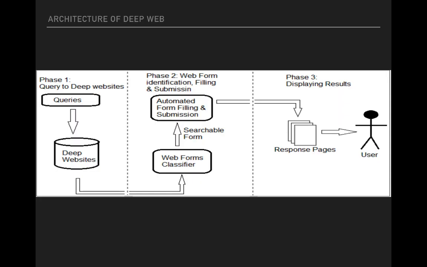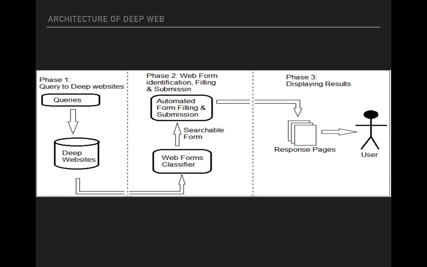This is the web architecture of the deep web, showing how we find deep web data. First of all, we hit a query, and this type of data we are able to find. After that, there is an ocean of deep web websites containing forms and login forms, where we search for the data, and it does automatic form filling and submission.